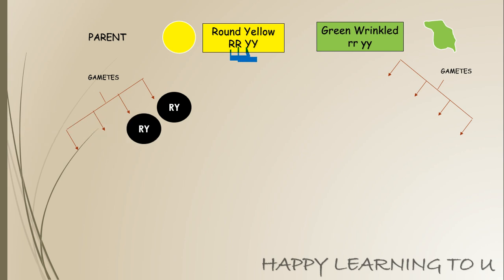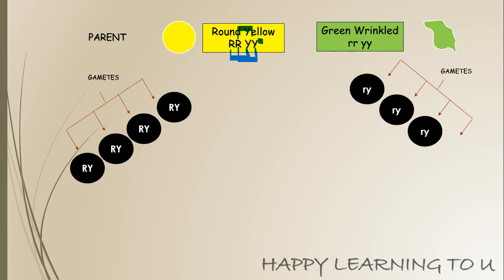Again, this R and this Y is RY capital. Then the second R and the first Y, and the second R and the second Y. So all gametes here are capital R and capital Y. Similarly, for the other parent, the green wrinkled, all the gametes are small ry.